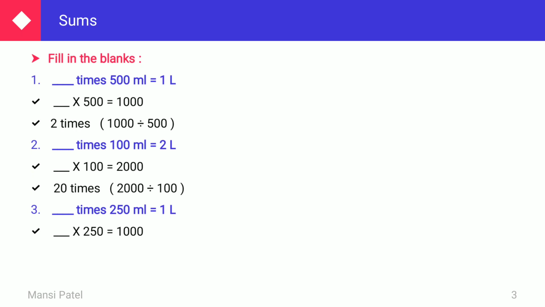Just do the division of 1000 divided by 250. Your answer is 4 times. So we can say that 4 times 250 makes 1 liter, or we can say that it makes 1000 milliliter.